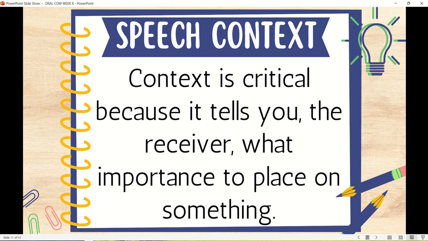So you should think on the number or the size of people whom you're communicating with, and also the channel that you're using to communicate with other people, even to yourself. So that is the speech context.